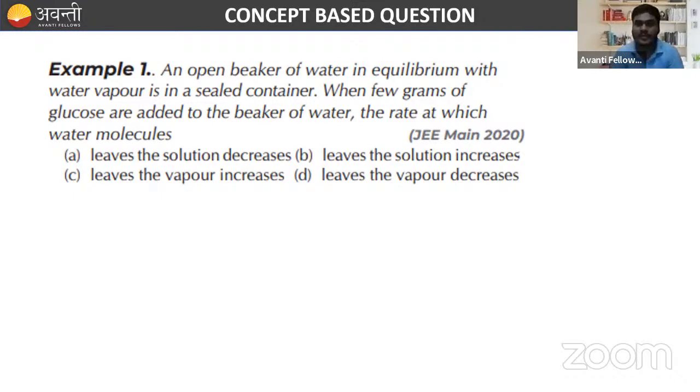Look, an open beaker of water is in equilibrium with the water vapor in the sealed container, right? So there is an open beaker of water in equilibrium, and there is water vapor in the sealed container. When a few grams of glucose are added to the beaker of water, which is open, the rate at which the water molecules leave the solution decreases, because whenever we add some non-volatile solute to the solvent, the vapor pressure starts decreasing, since the vapor pressure of the pure liquid is P naught.